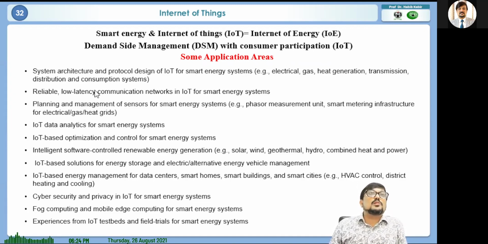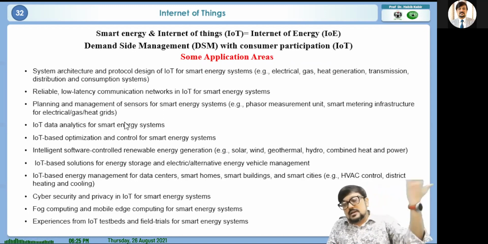Reliable low latency communication networks for IoT smart energy systems, planning and management of sensors for smart energy systems, the phasor unit, smart metering unit, electrical, gas, heat grid, smart grid technology.